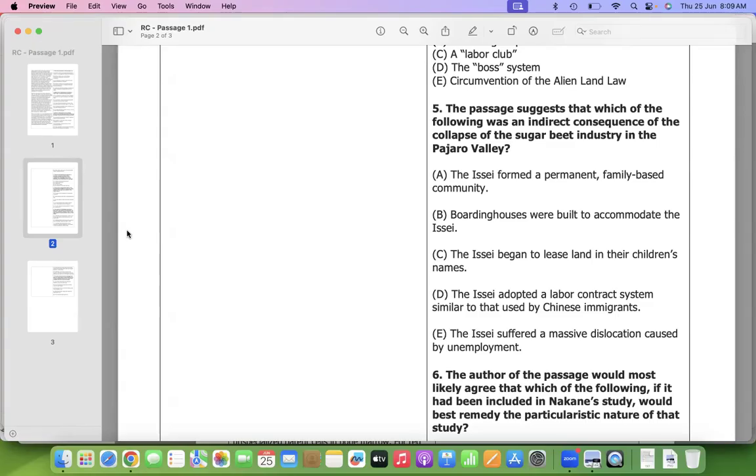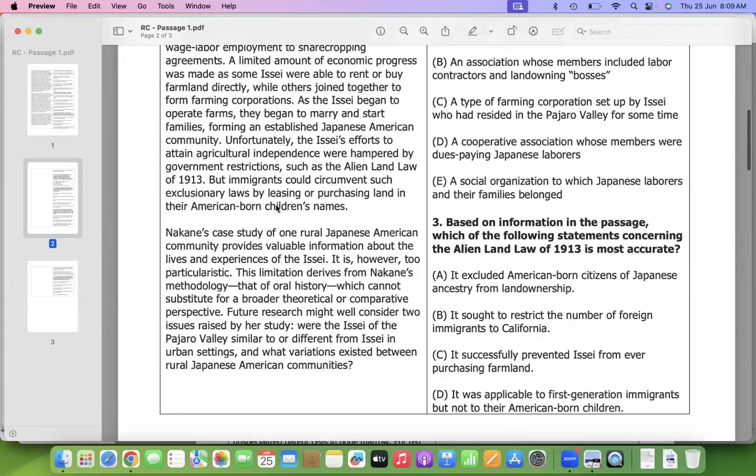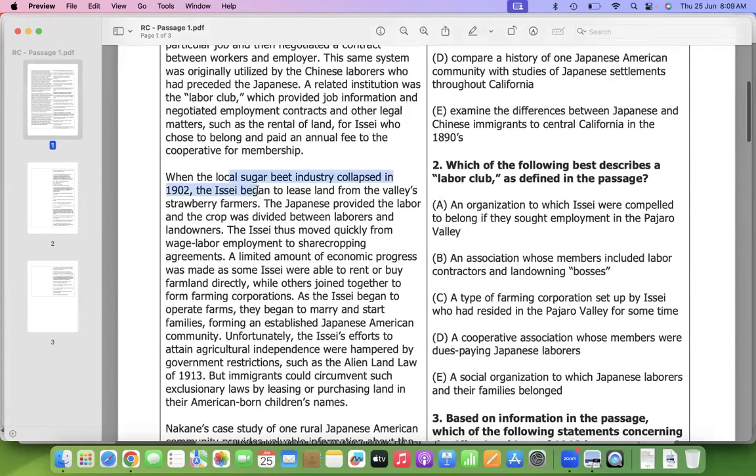Okay, so you have gone with C, most of you. I can see some of you have picked up A. What was the indirect consequence of the collapse of the sugar beet industry? Let's go back to the point of reference. This is it, the collapse of the sugar beet industry.